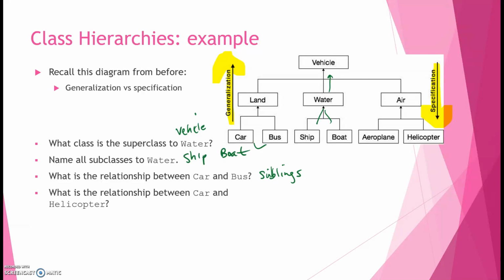And then the relationship between car and helicopter, they don't really have much of a relationship. I mean, some people would say they're cousins, but they're both vehicles. Other than that, they are very loosely connected. So the only traits that they would have in common are traits that were inherited from the vehicle superclass.